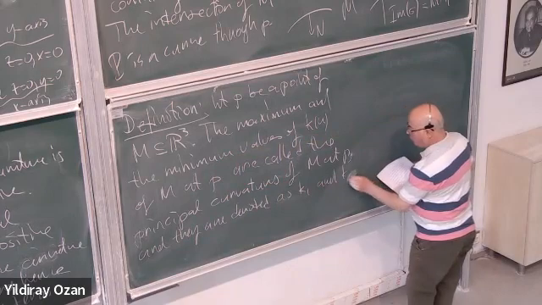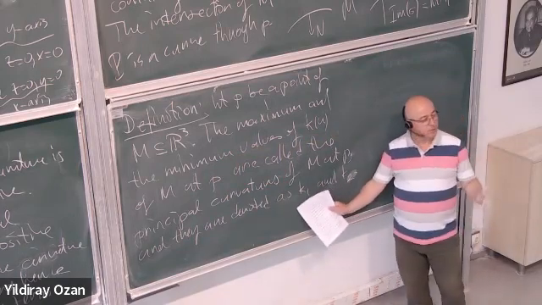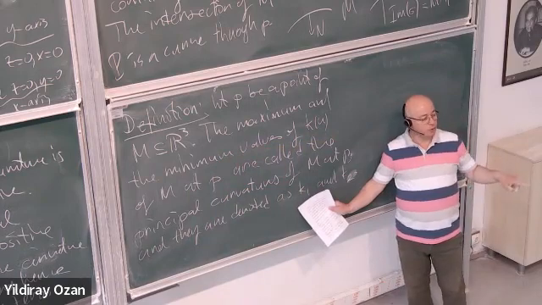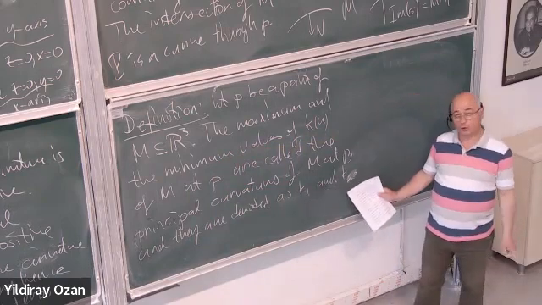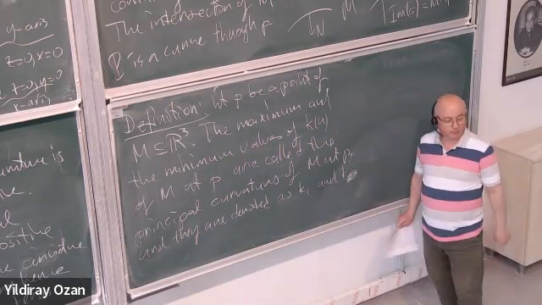So K1 is the maximum value of the normal curvature, and K2 is the minimum value.